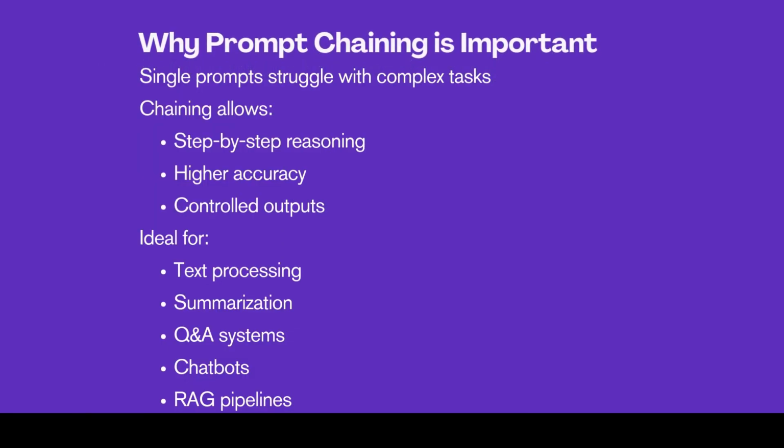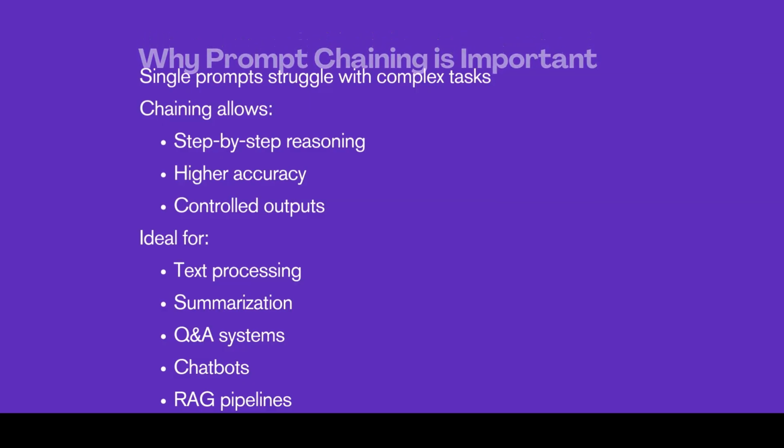This modular approach is extremely powerful for solving complex tasks such as multi-step text processing, summarizing, question answering, sentiment analysis, and many other NLP workflows. In simple words, prompt chaining helps us break a big problem into smaller intelligent steps.